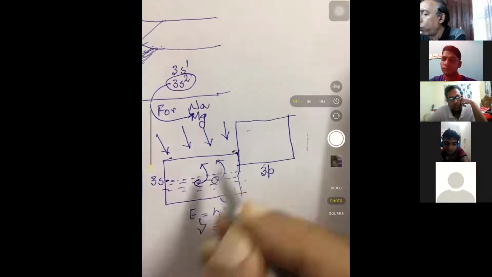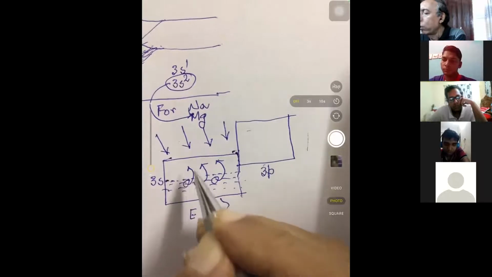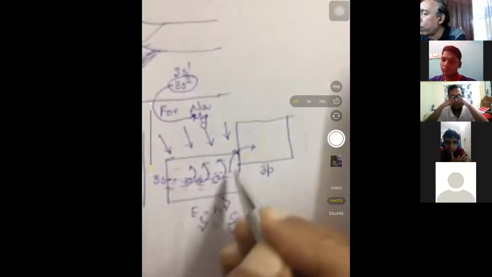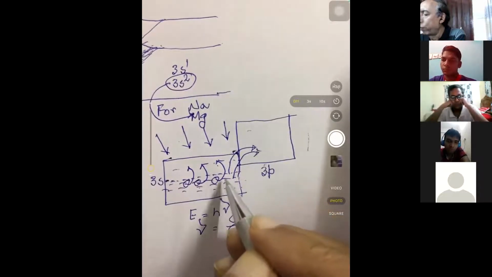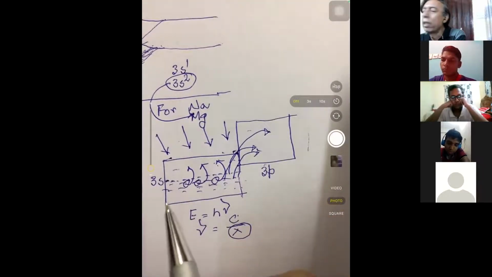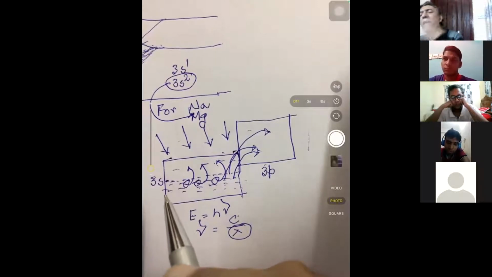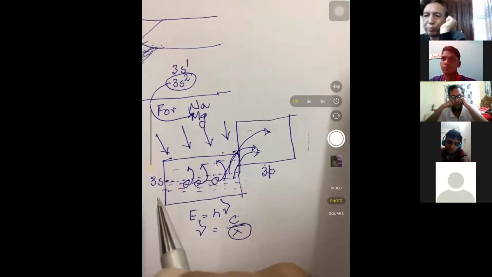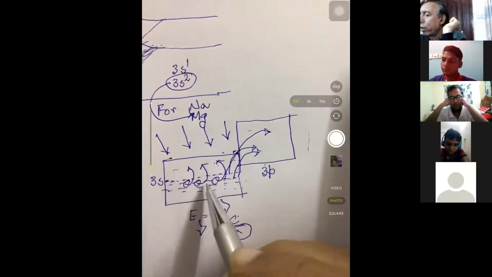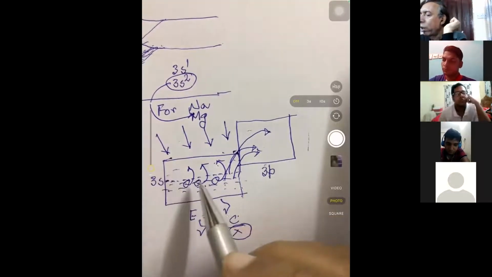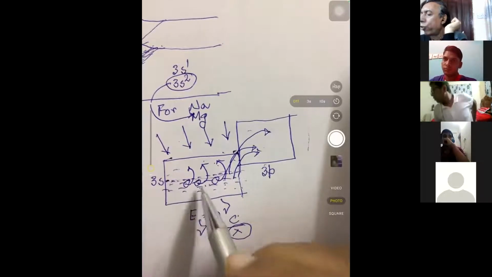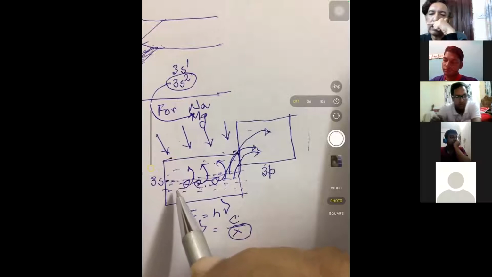It can move from here to here, because this is empty, or from here to here easily, with a very small amount of energy. It can move from 3s to 3p, or from the lower half to the higher half of 3s, easily.